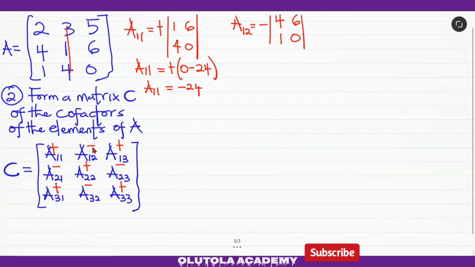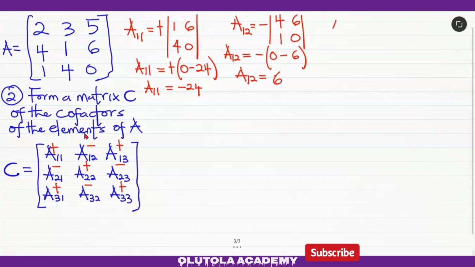So when I find the determinant, I will have A12 to be negative 0 minus 6, and A12 will definitely be positive 6, or just 6.